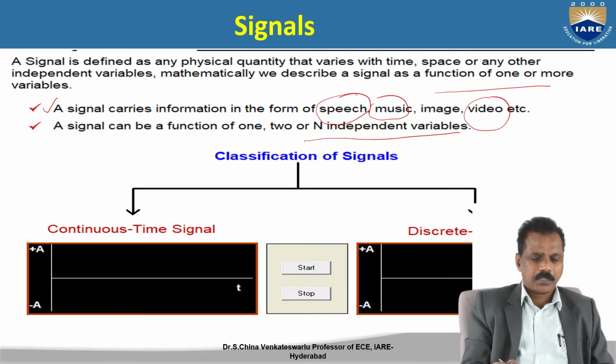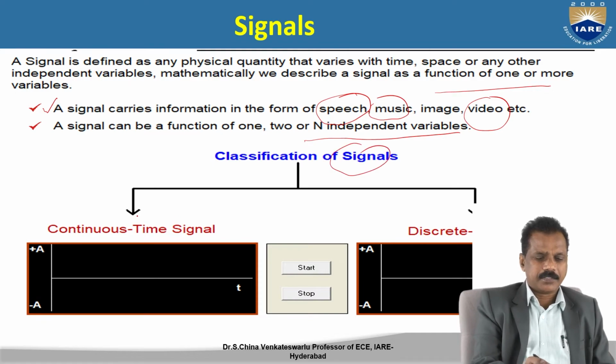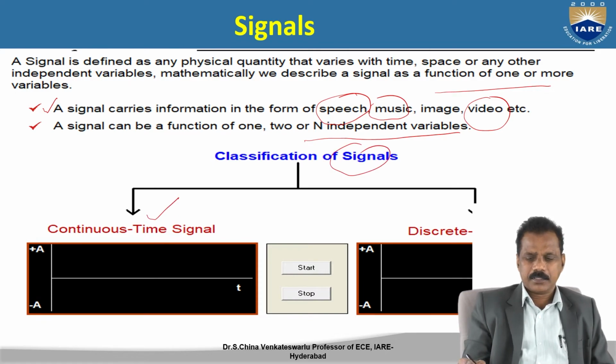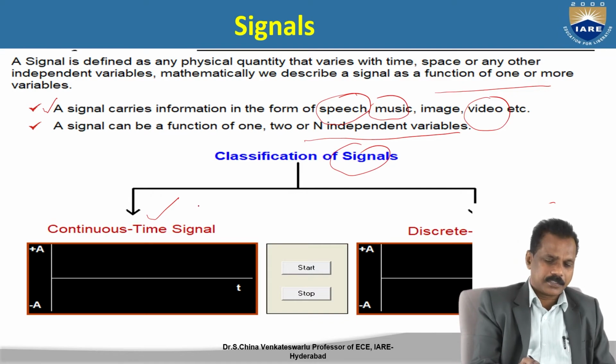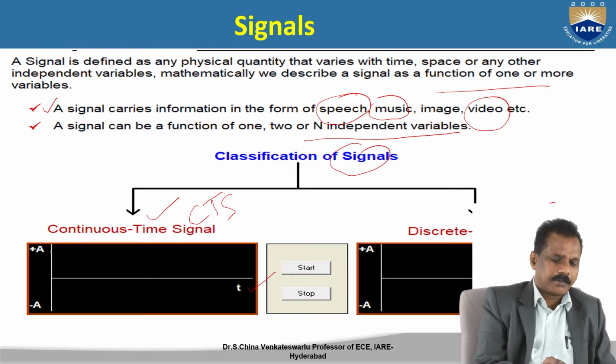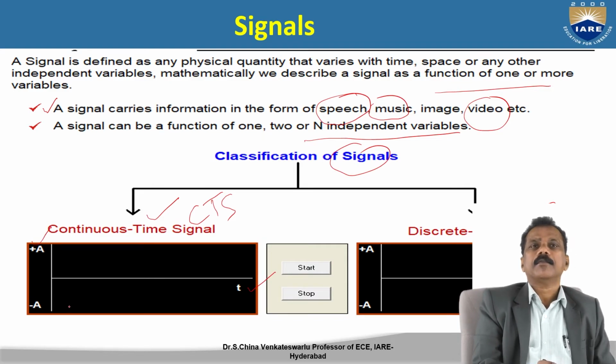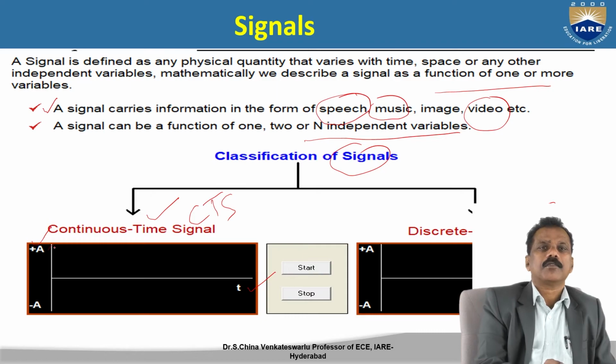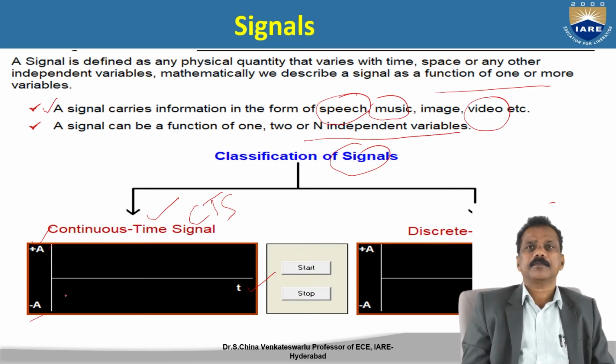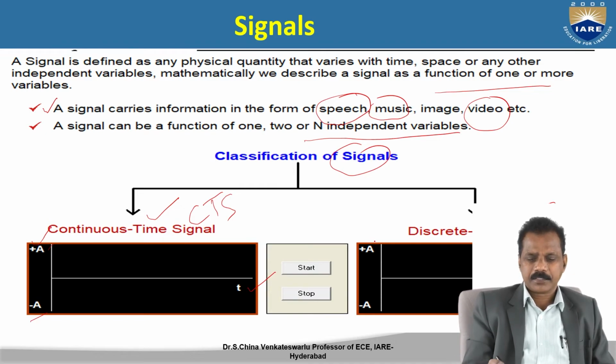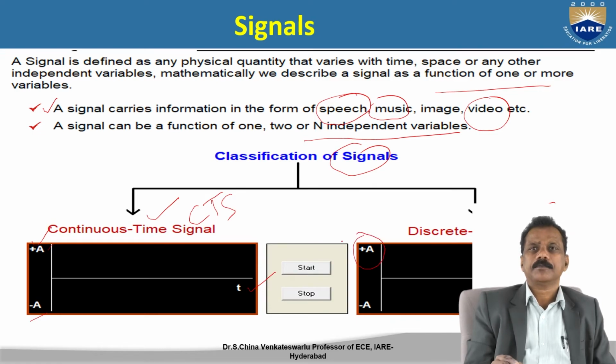Here, the signal is classified as continuous time signal and discrete time signal. This is the continuous time signal, where the x-axis is t and the y-axis is the amplitude, with positive amplitude values and negative amplitude values. For the discrete time signal, the x-axis is small n and the y-axis is the amplitude, positive or negative.